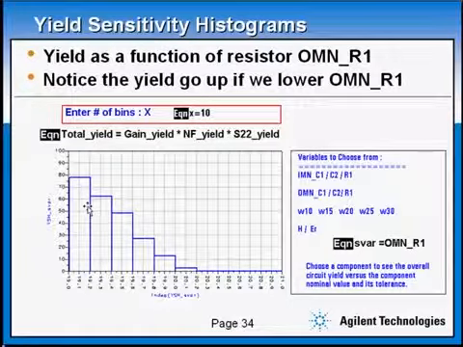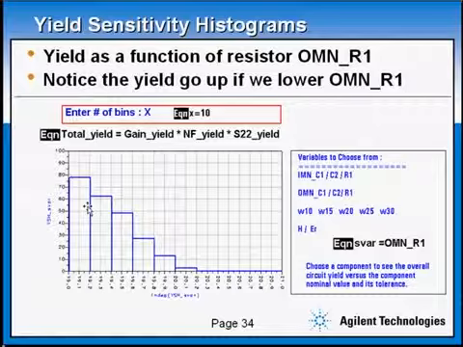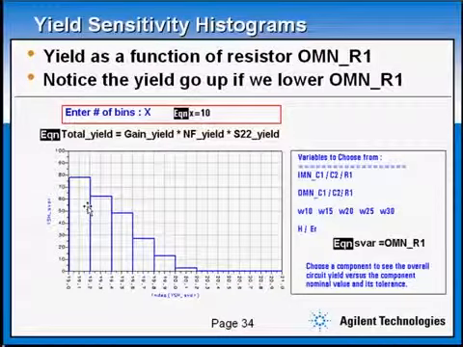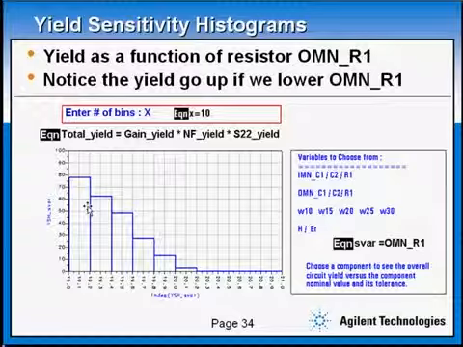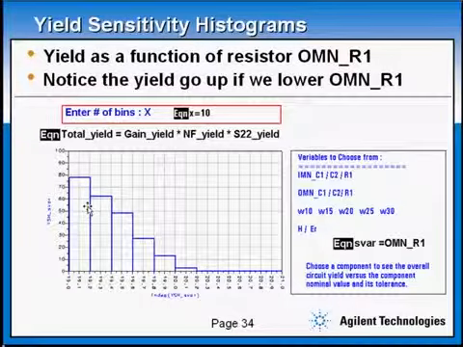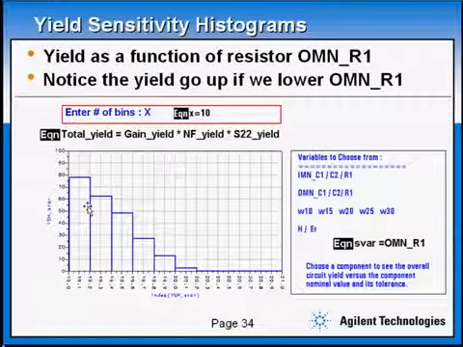But if R1 goes to a lower value, the yield starts increasing. Wow, this is useful information. It is telling me that R1 is a sensitive component and you really want to reduce its value and maybe control its tolerance.